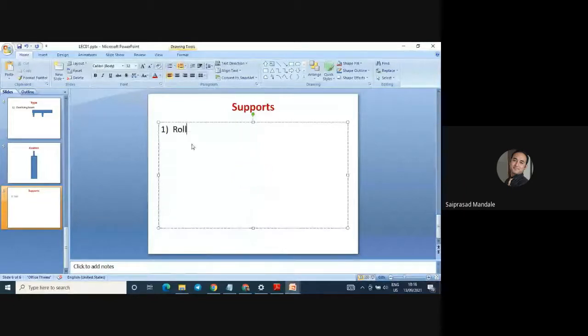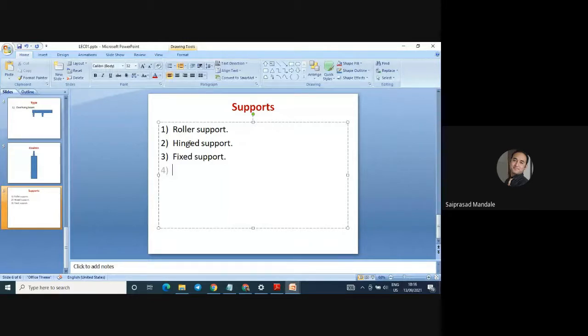Second, a hinged support. Then a fixed support. A roller hinge sliding support is there, but that is not in our syllabus. So these three supports we'll be looking for.